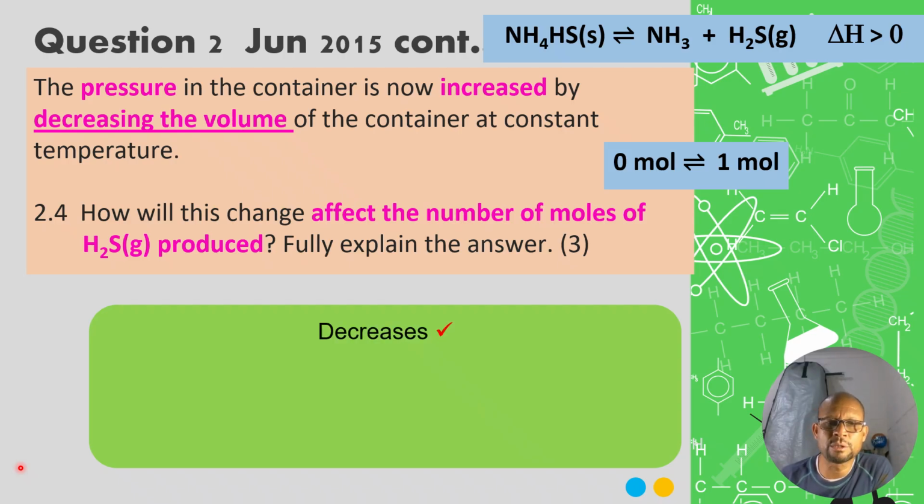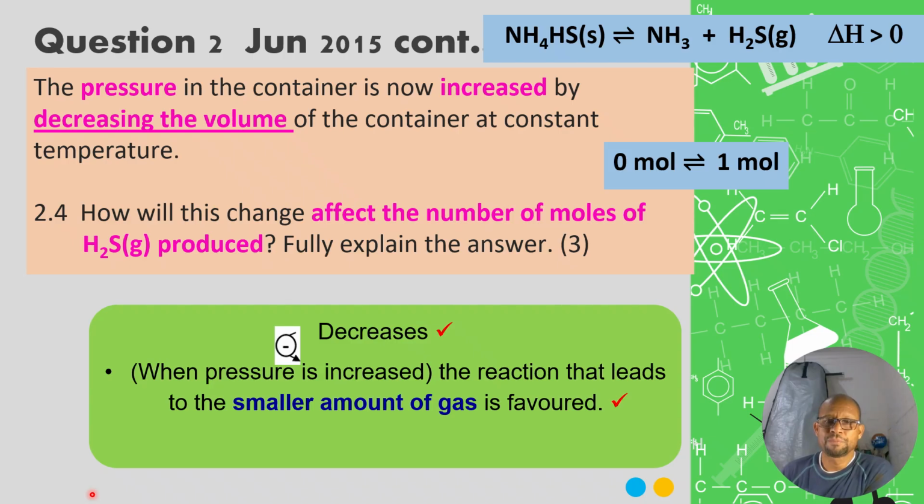Okay, so an answer for this particular question is as follows. Now remember, they wanted to know how will this change affect the number of moles of the H2S. Now take note, it's a product, and we know that the reverse reaction will be favored. So in this case, the concentration of H2S will decrease. And the reason why that will happen is because when the pressure is increased, the reaction that leads to a small amount of gas in the reaction will be favored.